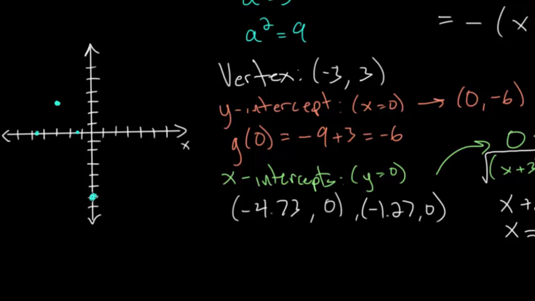Now we could also use a fifth point, since we know that our parabola is going to be symmetric about this vertex. So this point over here, notice, which is 3 points away from that x value of the vertex. So if we go 3 points on the other side, that would also have a y value of -6. And from here, let's just connect all the points.